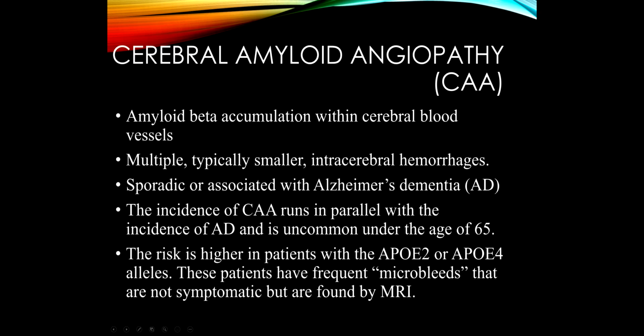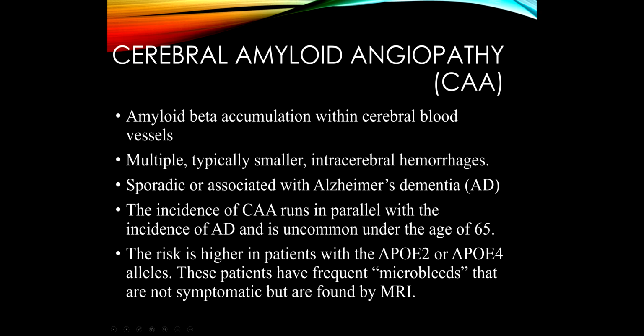Now, cerebral amyloid angiopathy is where we have amyloid beta accumulation in cerebral blood vessels. This can be associated with Alzheimer's dementia, and these patients usually have a bunch of tiny little bleeds in the brain, so the incidence runs in parallel with Alzheimer's.